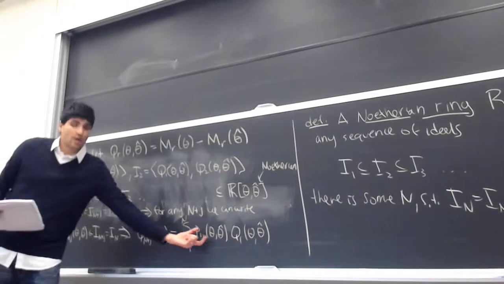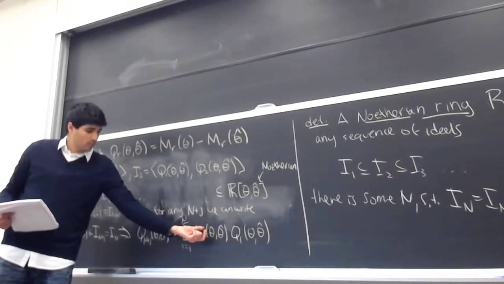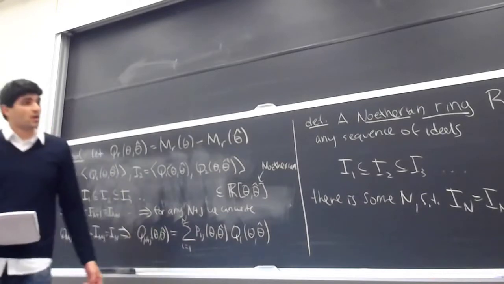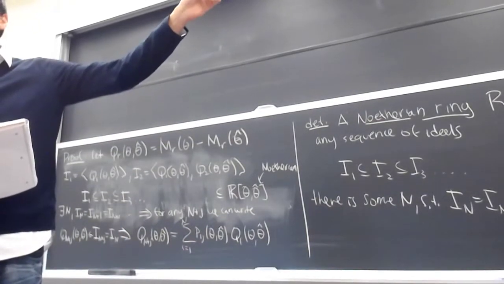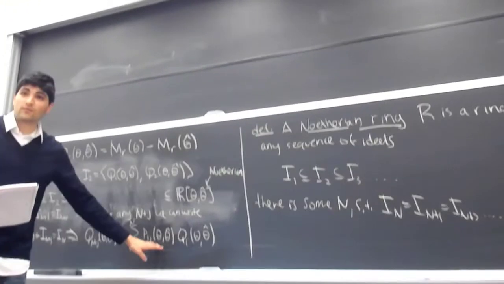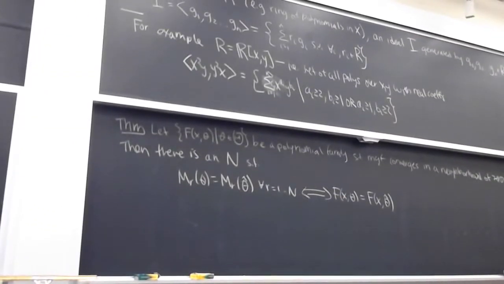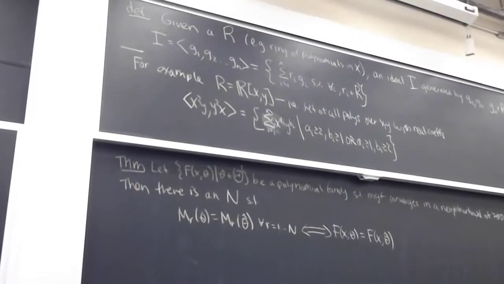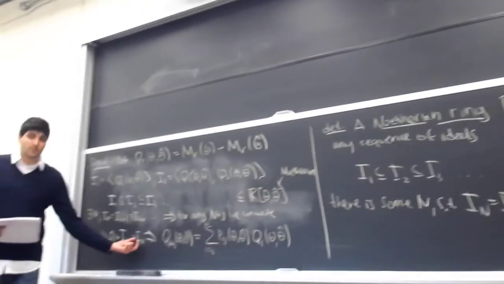So these are just some polynomials in the ring, R of theta hat. So these explicitly play the role in the ideal of the R's, the little r sub i's. Those are exactly what you would get for these p sub i's. These are just elements of this underlying ring. And the only way that this ideal has not increased is if the thing that we just added to it could have been expressed another way.